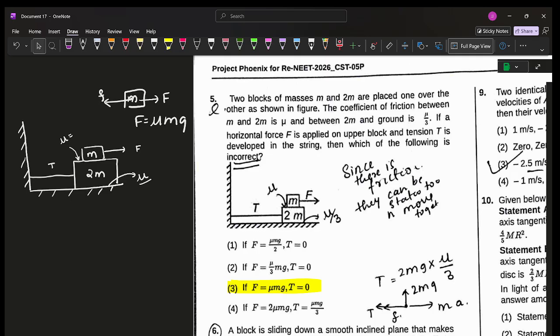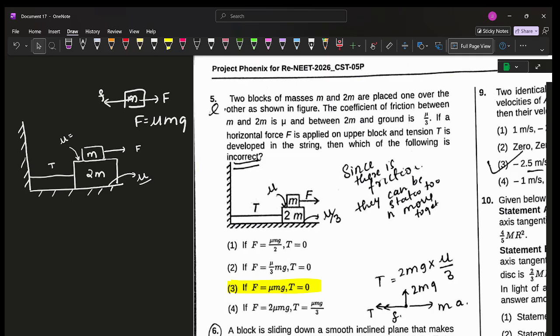Okay, so if there is force on the left hand side, there is friction here. This is going to be mg. And something like friction force. And if I take it with respect to my block, there is tension here. There is also friction due to 2m and friction due to m. This is action, reaction force.